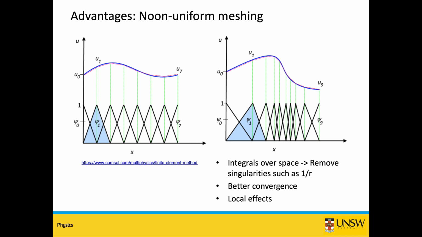You can integrate over them, and so you can get rid of the singularities. So this is one advantage of the finite element method, that you can include local effects easily. It doesn't give you convergence error. The finite difference method, on the other hand, is not that good for representing such cases when you have a potential or some quantity that blows up in some region.